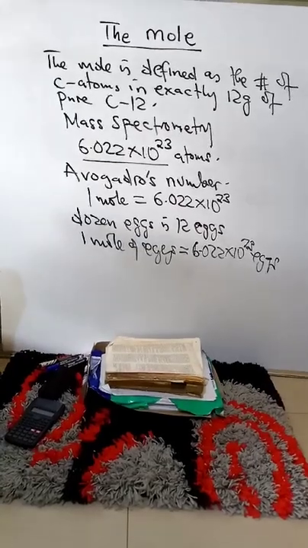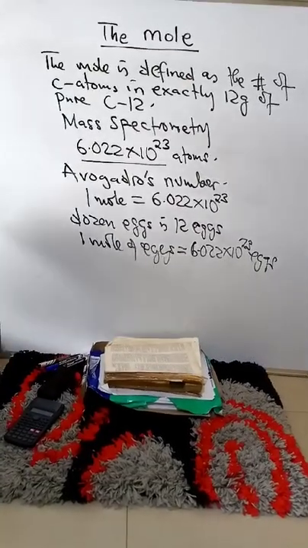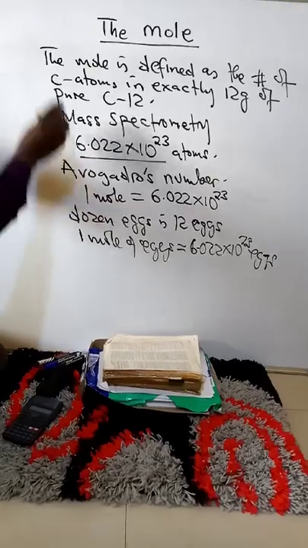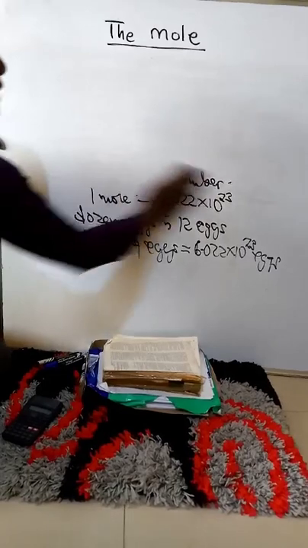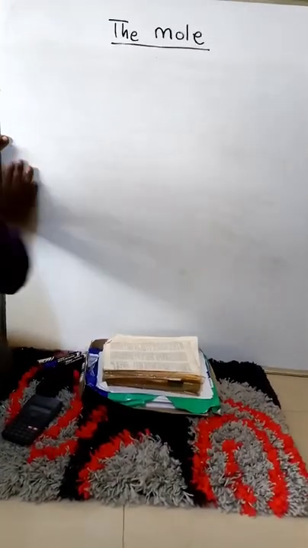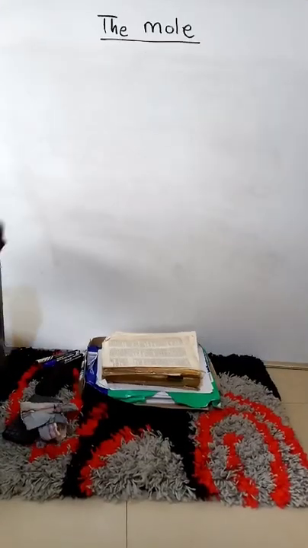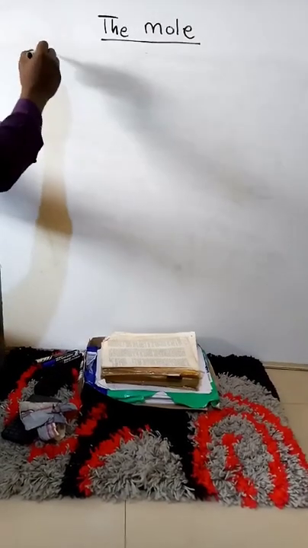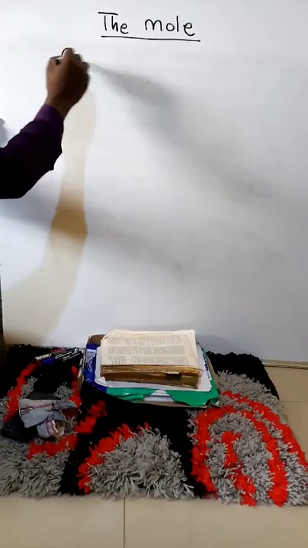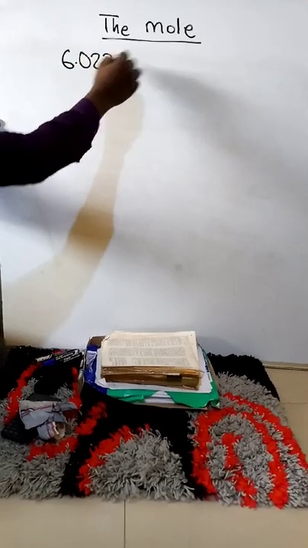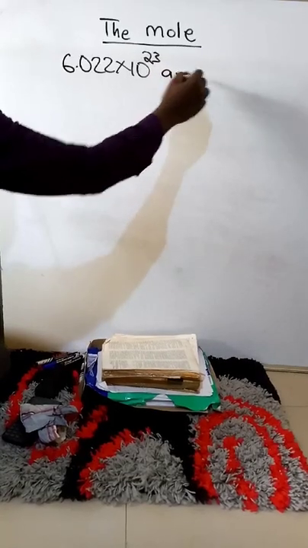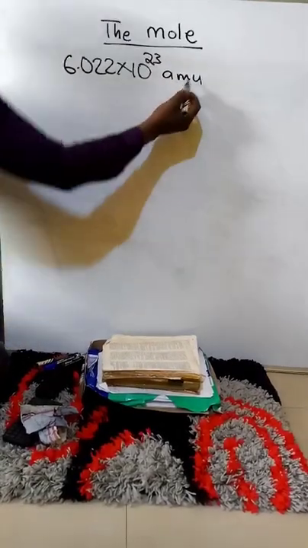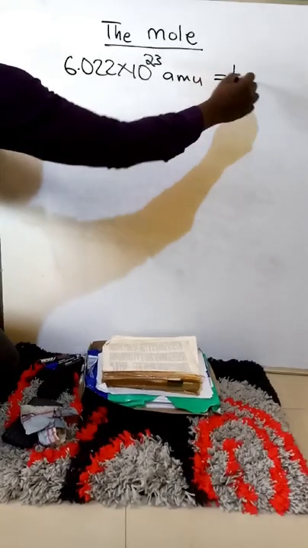So now let's look at an example of how we can use Avogadro's number. Also, we need to take note of this relationship: 6.022 times 10 to the power 23 AMU, atomic mass unit, is equal to 1 gram.